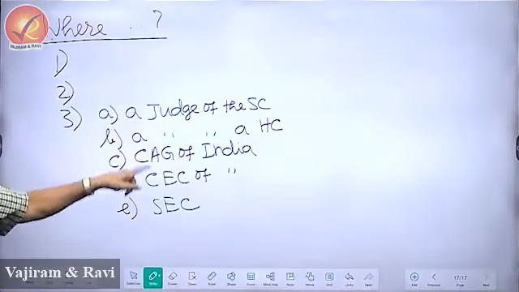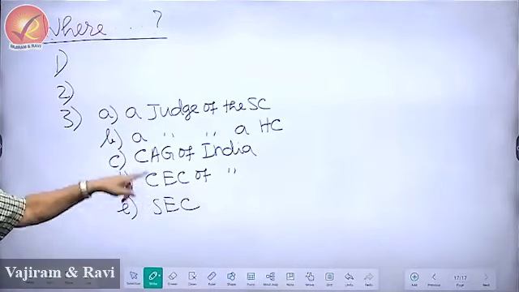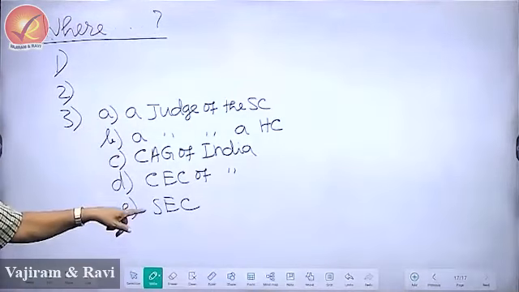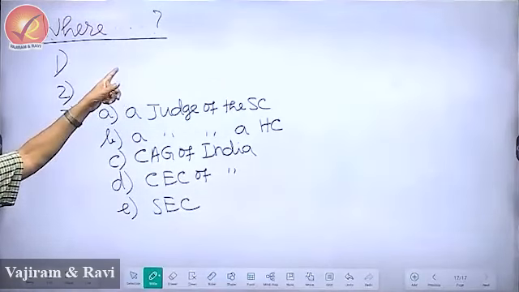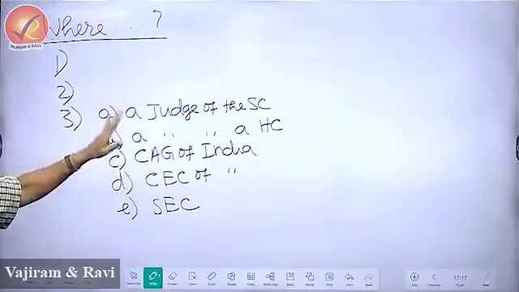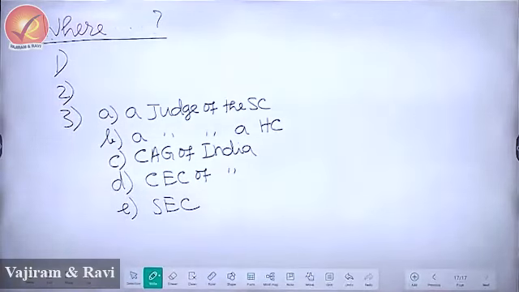So all these 5 constitutional authorities can be removed by the President only if the approval is given earlier by both the houses of the parliament.